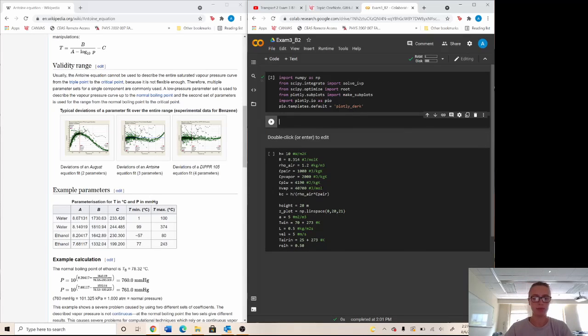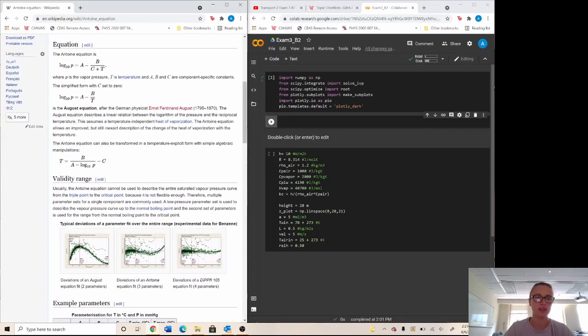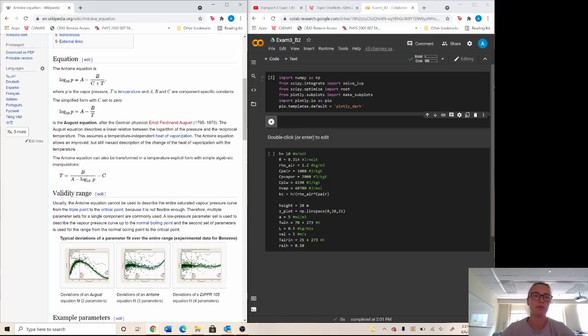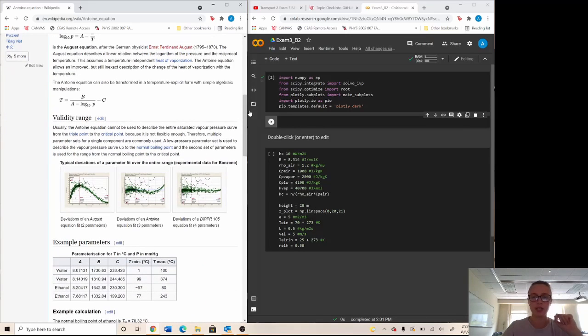So I have it pulled up here in Wikipedia, and the Antoine equation, the log base 10 of the pressure is equal to the A value minus the B value divided by the C value plus the temperature. And we're going to input this now.